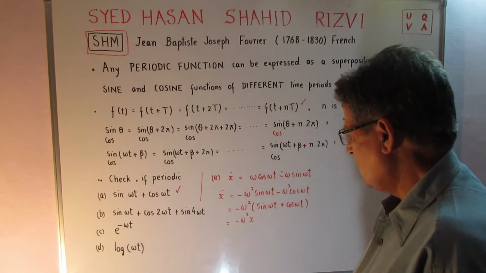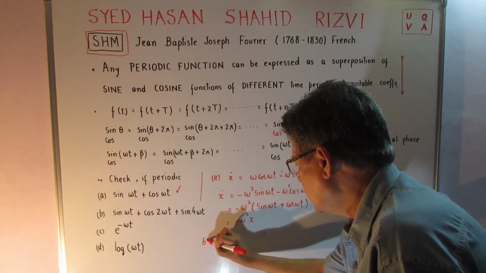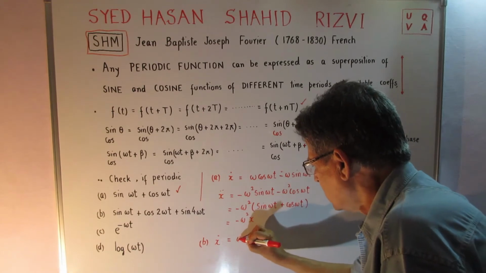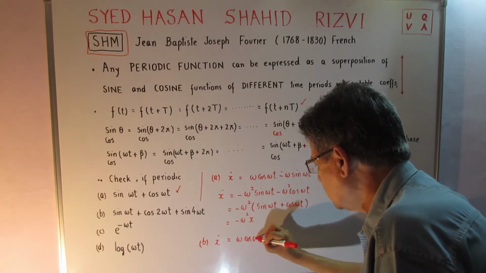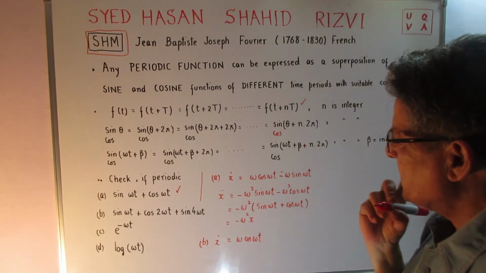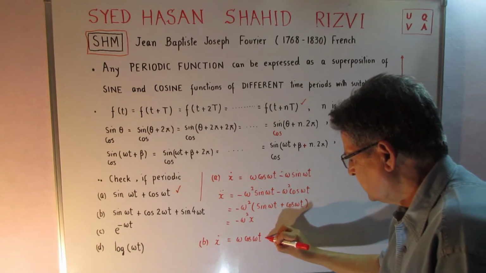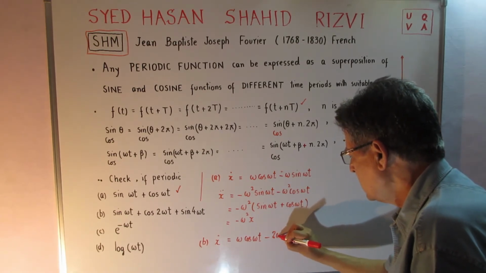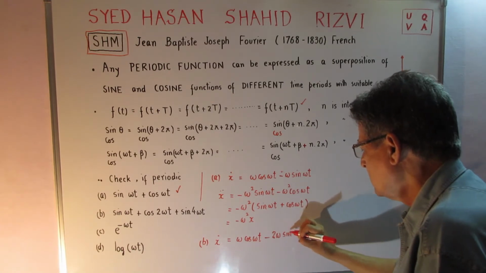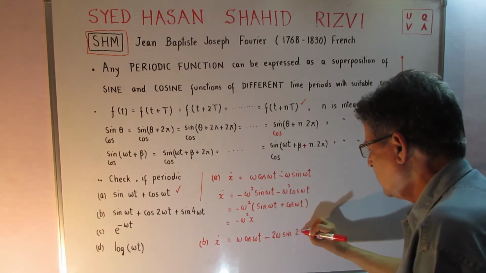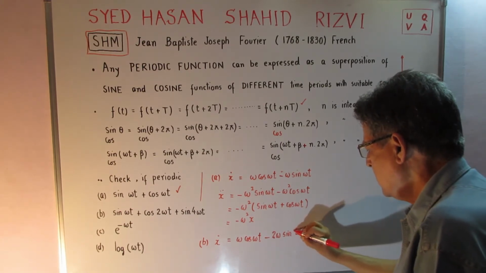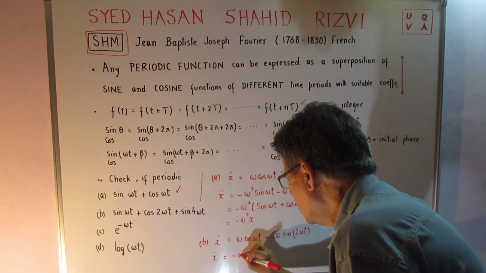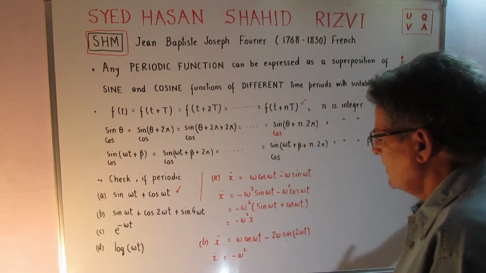Similarly, I will try B and write x dot easily as omega cos of omega t plus, but cosine when differentiated will give you minus sine, so minus 2 omega sine of omega t, like that, and x double dot is equal to minus omega square sine of omega t.